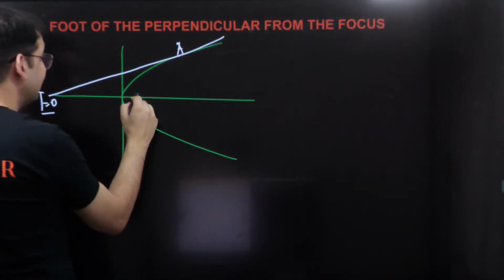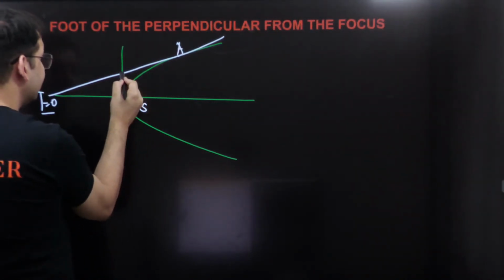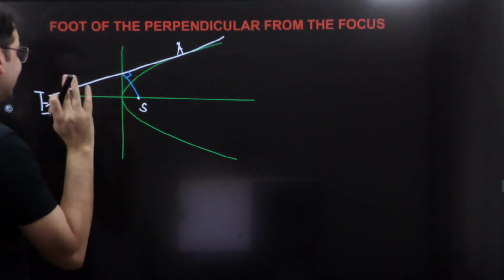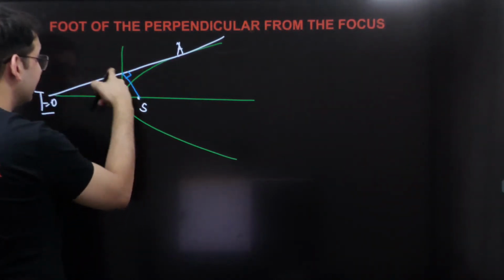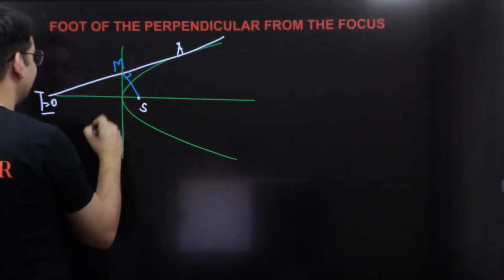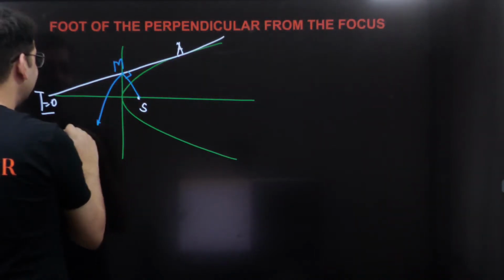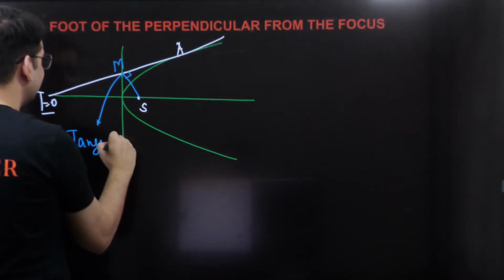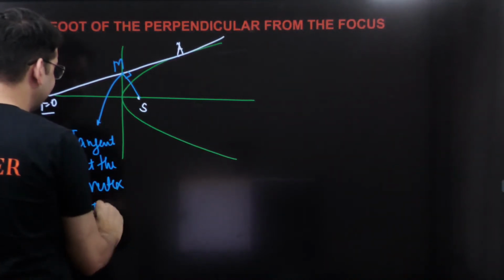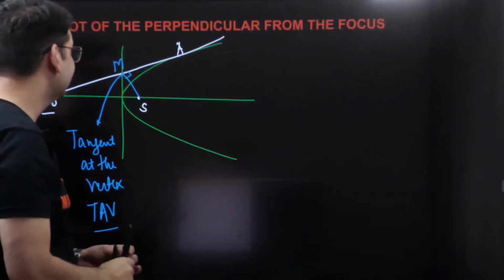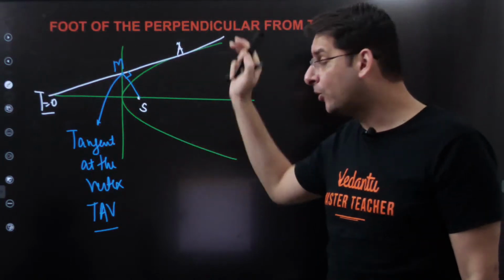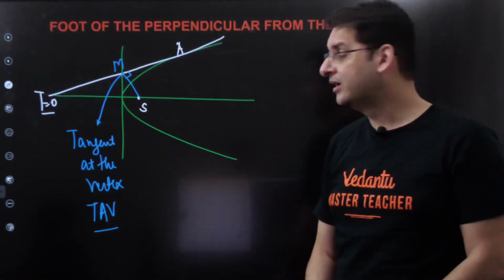From the focus, if you draw a perpendicular to any tangent, it is always going to touch the tangent at the vertex. Let's say this point is M. So this point is always going to be on the tangent at the vertex, that is TAV. So the foot of the perpendicular from the focus to any tangent of the parabola always lies on the tangent at the vertex.